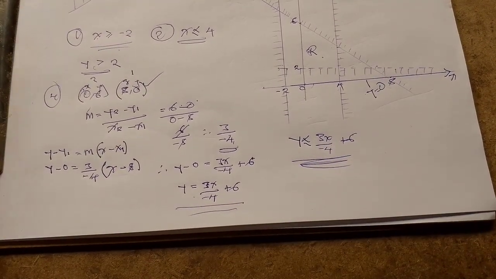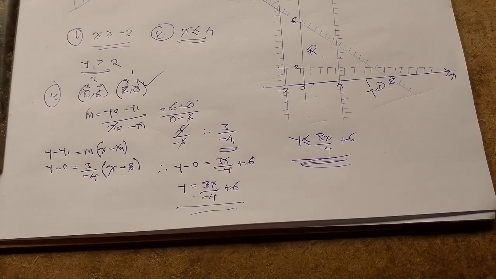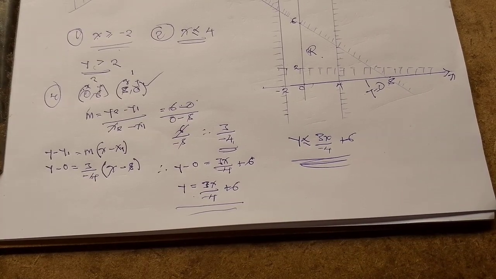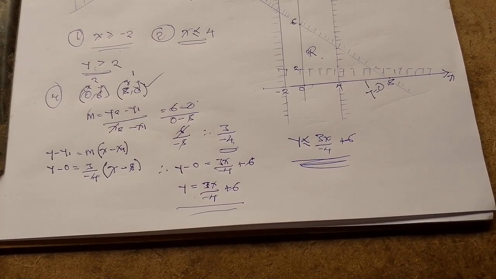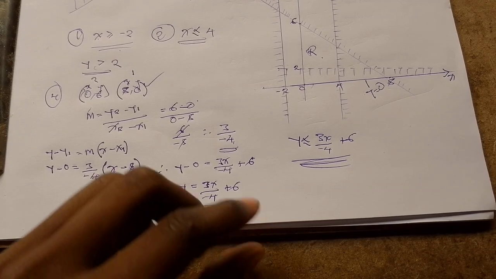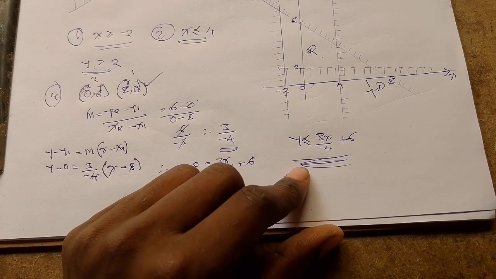So that is our final answer. So these were the answers which we were requested to answer. This is how we do linear programming. I'm going to do another work from the next paper. So for now we end it here.